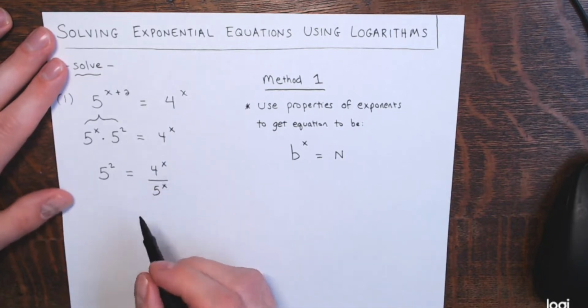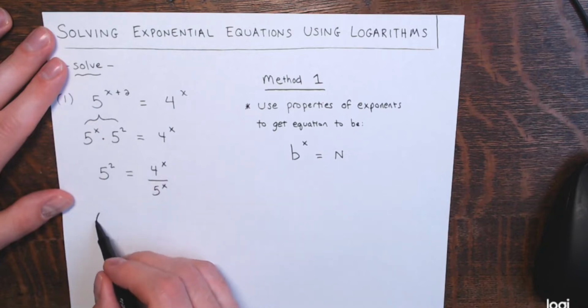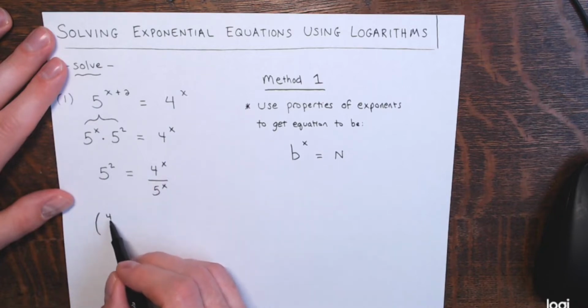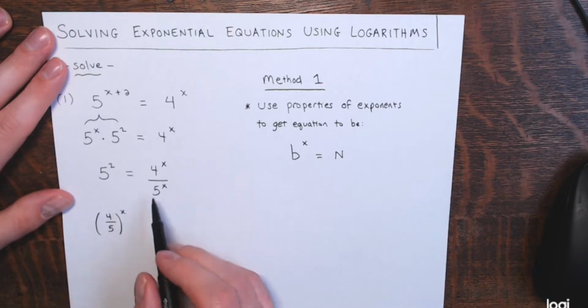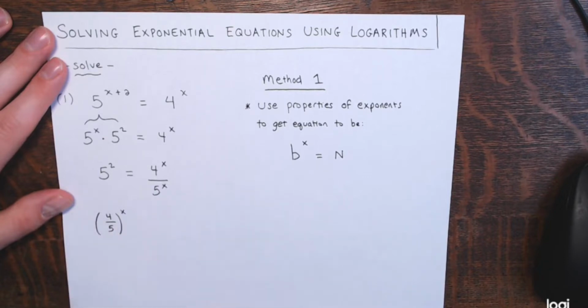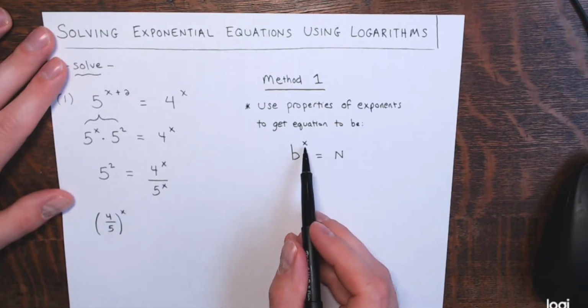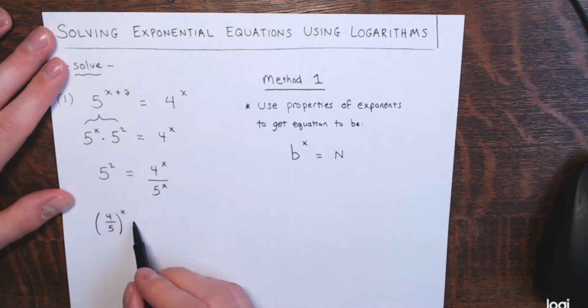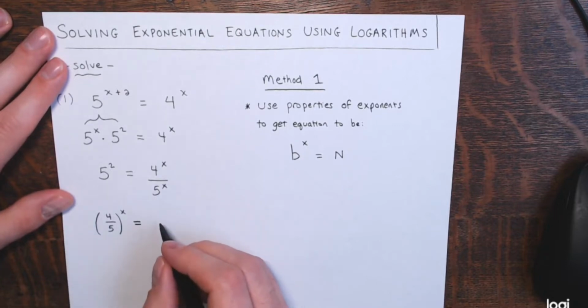And I'm going to switch sides here. So 4 to the x divided by 5 to the x, that's 4/5 to the x power. That's what I want, a number to the x power. That's exactly what I have here, equals, and then you can leave it as 5 squared if you want, or write what 5 squared is. 5 squared is 25.